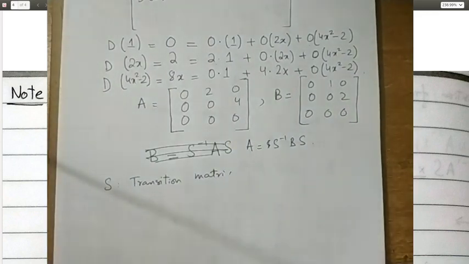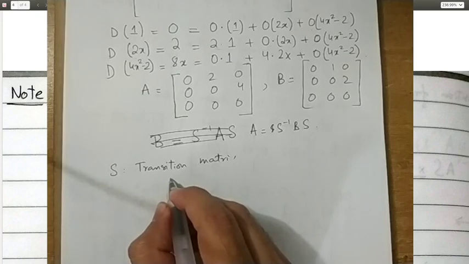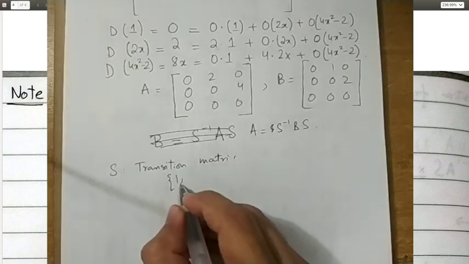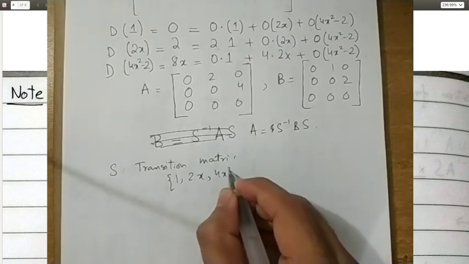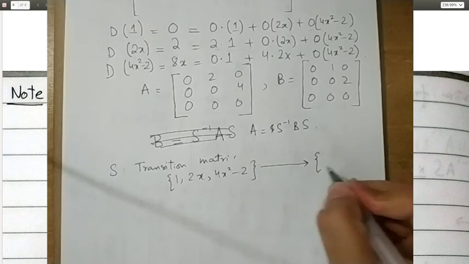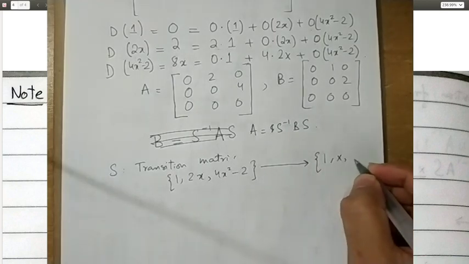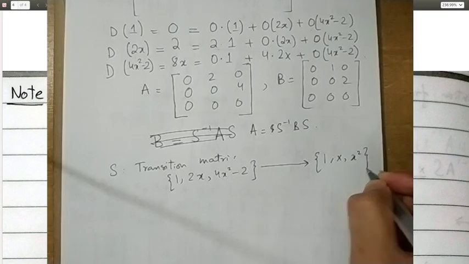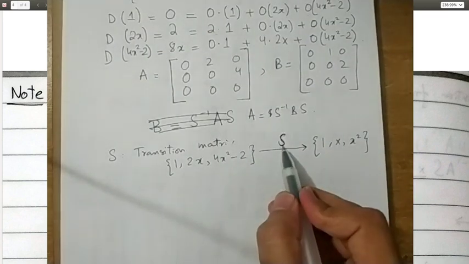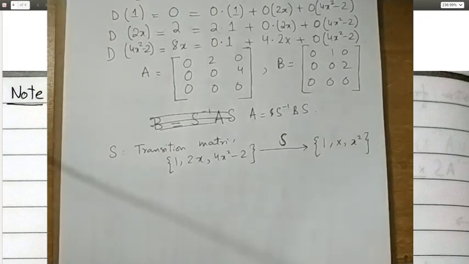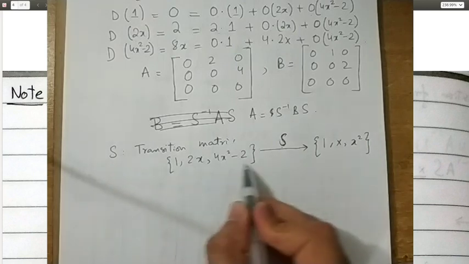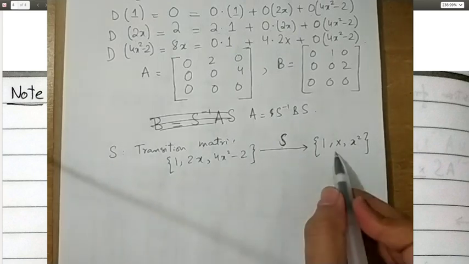And so the transition matrix is actually taking vectors from the non-standard basis, which were 1, 2x, 4x squared minus 2, and representing them in terms of the standard basis vectors 1, x, and x squared. And if you recall from your previous classes, this transition matrix is very easy to construct. It's easy to construct by just representing these basis vectors in terms of these.